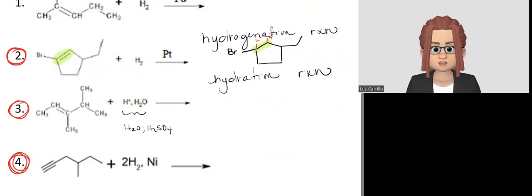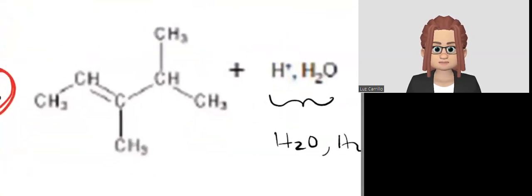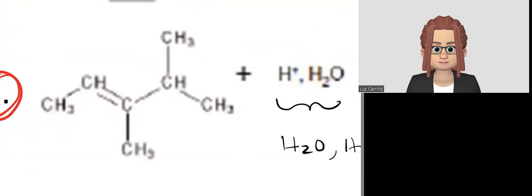How do I determine which carbon receives the H and which one receives the OH? We're going to look closely at the molecule given. These are the carbon atoms in the double bond. If we label these as carbon A and carbon B, carbon A is directly connected to one hydrogen.